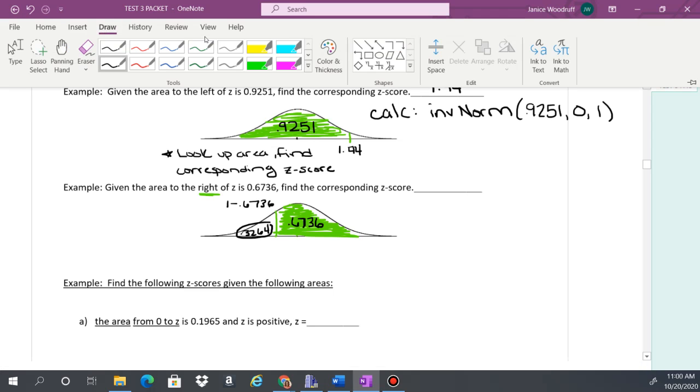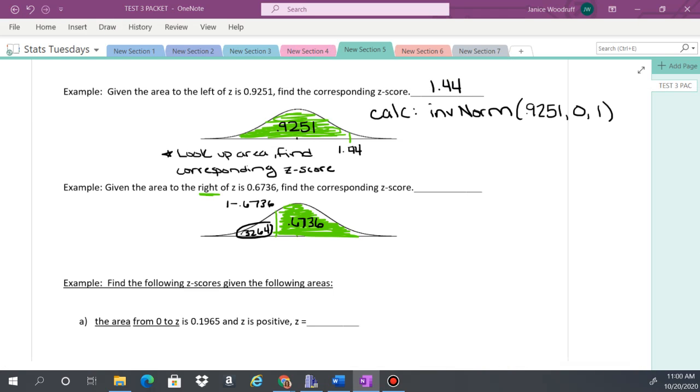That's what I want to find either on my chart or in my calculator. If I'm putting this in my calculator, I'm going inverse norm, area to the left, 0.3264, 0, 1.